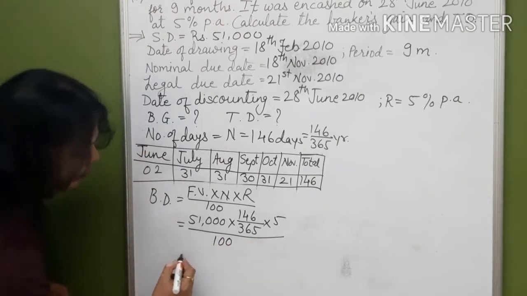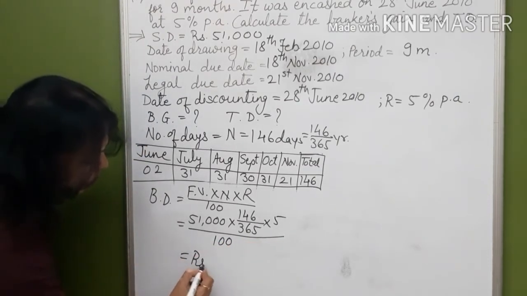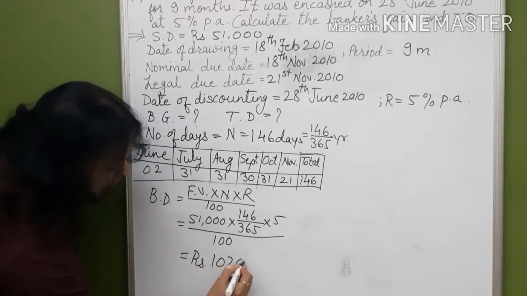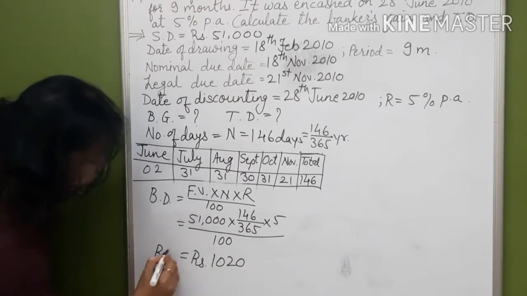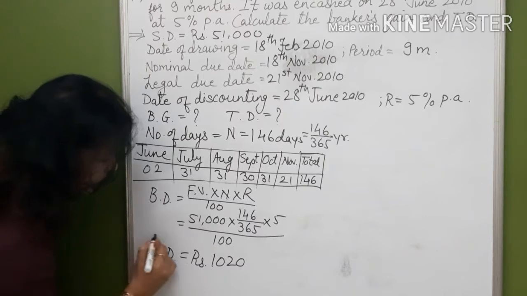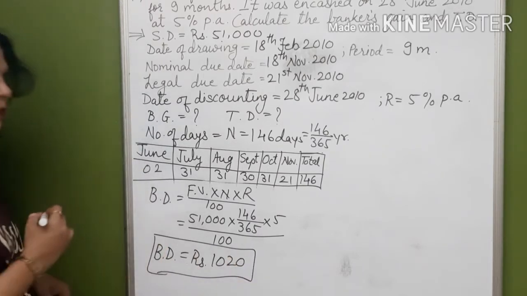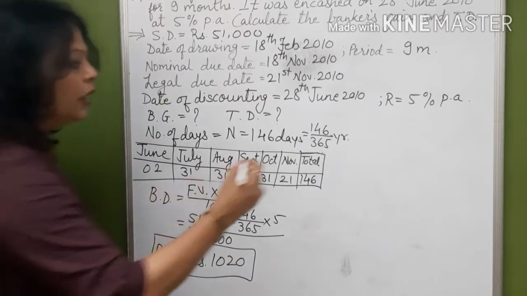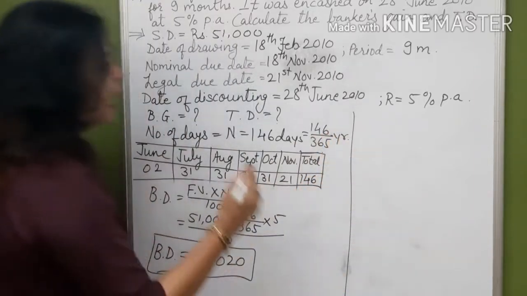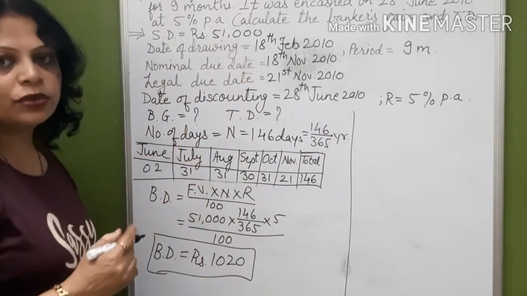So if you simplify this, this comes to 1020. So banker's discount is 1020 rupees. Getting?